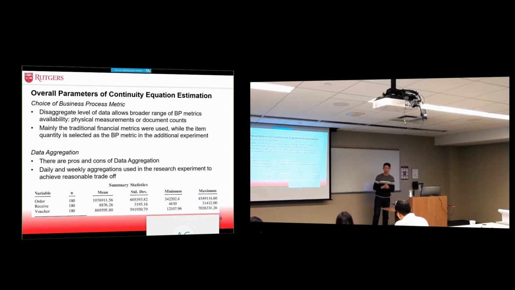But if your data is too much disaggregated, you will have too many anomalies, which produces too many alarms, which requires too much effort from the auditor to go and investigate each one. Below you can see the summary statistics of these three variables: mean, standard deviation, minimum, and maximum.